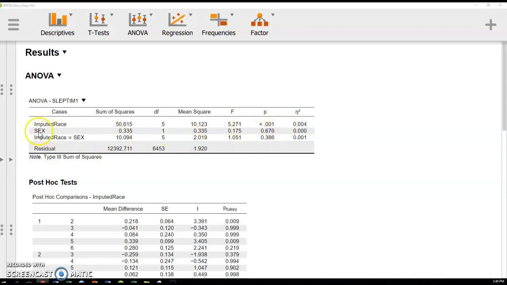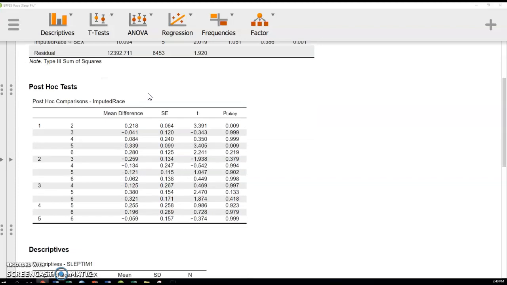For sex, the null hypothesis would be male and female get the same average amount of sleep per night. That is not statistically significant, so I don't know that they do get the same amount per night, but I certainly don't have evidence that they're getting different amounts of sleep per night on average. So that's how we interpret that main ANOVA table.